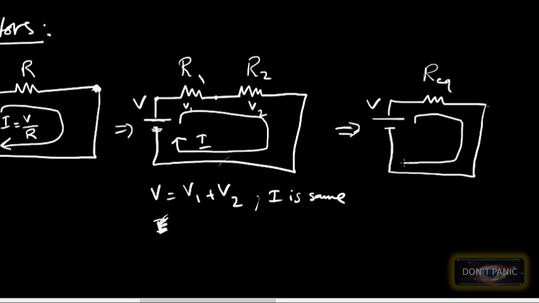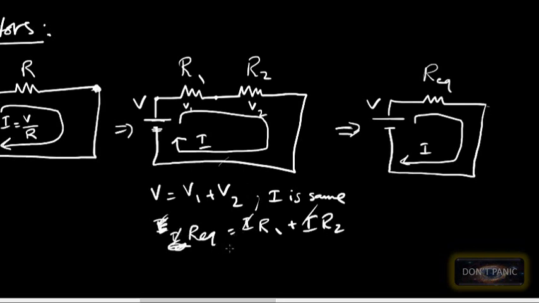Okay, so then this is going to have some current I going through it, and this I is going to be the same as the current in this circuit, because this is a series circuit simplified over here. So V of the battery is equal to I times R equivalent, okay, which equals, and V1 is I times R1, and V2 is I times R2.